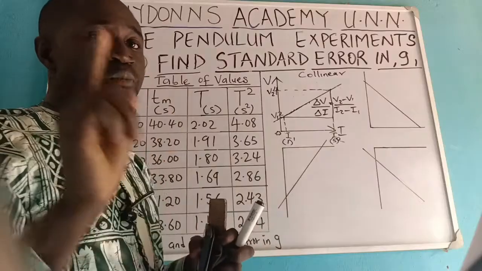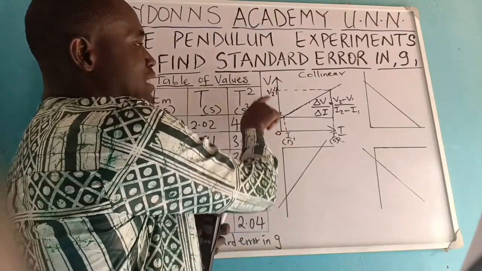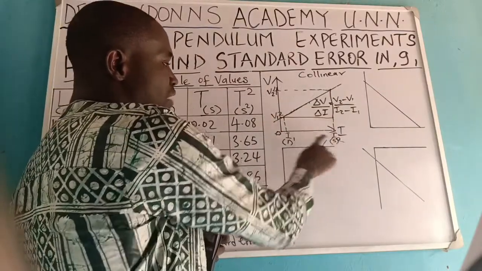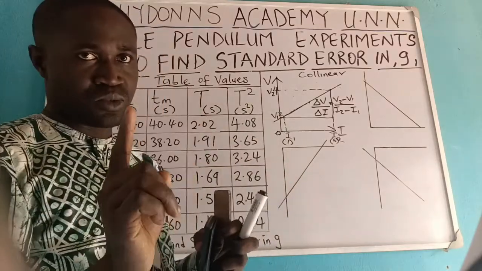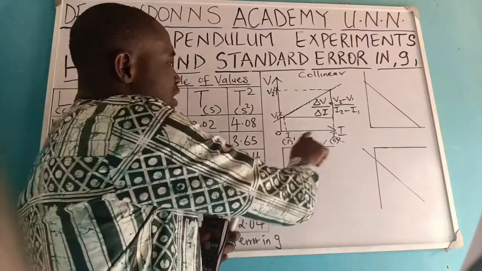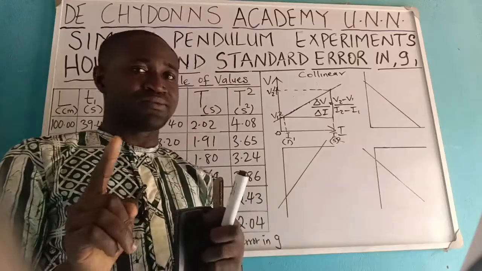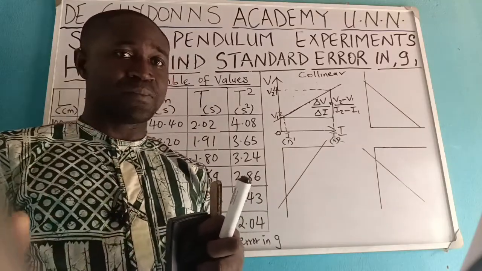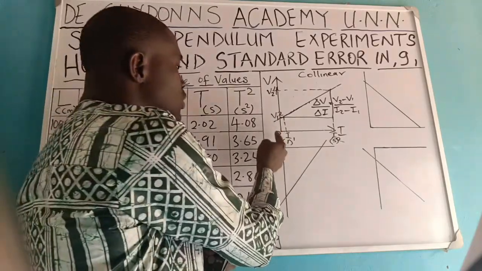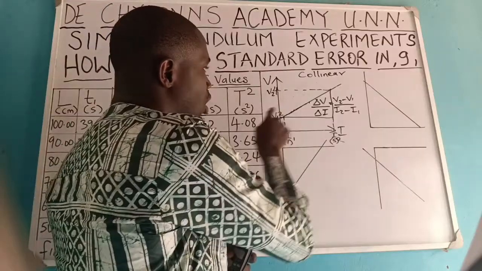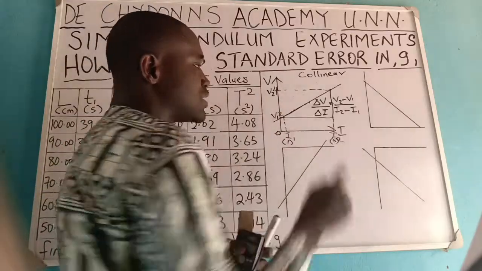It's not that when you plot your own, you take here to be 2 and here to be 4, here to be 5 and here to be 1. No. These numbers I am putting here are not constant. It varies depending on what you take as your scale on the vertical axis and on the horizontal axis.